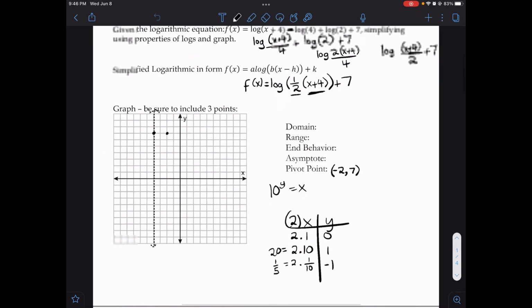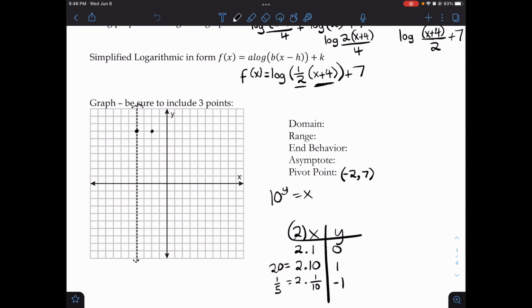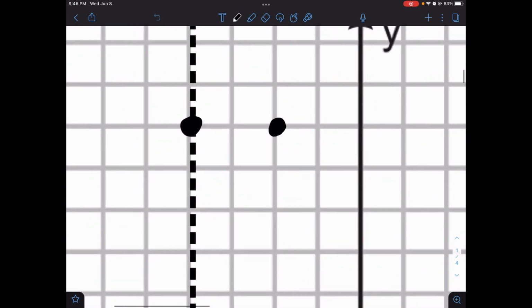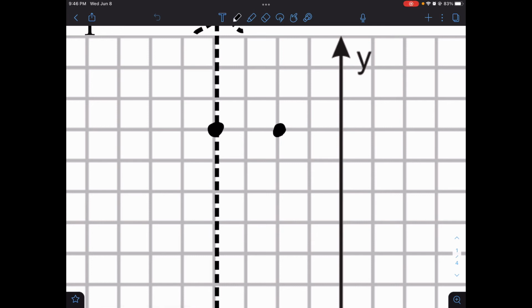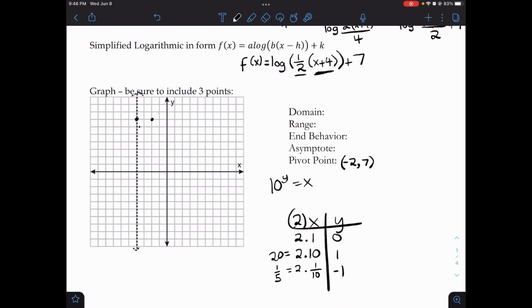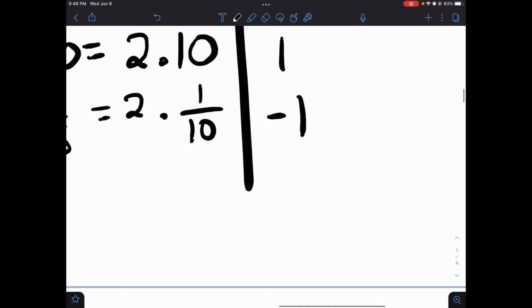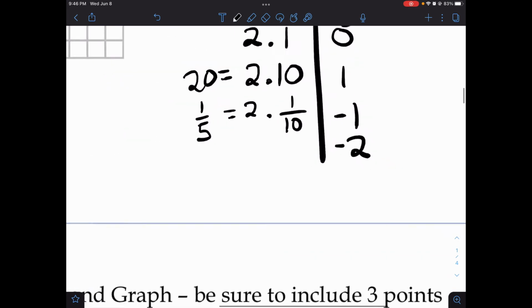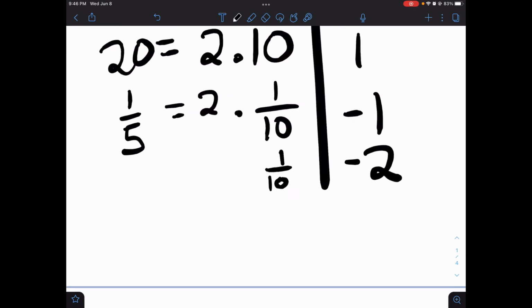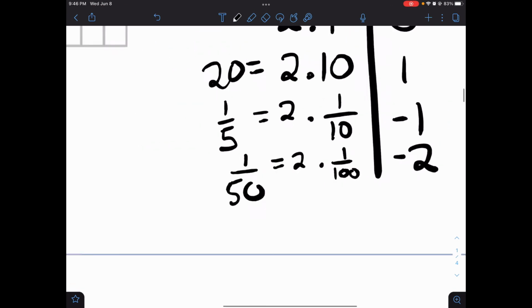So we go down 1, and it's less than 1/2, so let's say right there. And now we can't go 3, so let's go -2, which gives us 1 over 100 multiplied by 2, which gives us 1 over 50.